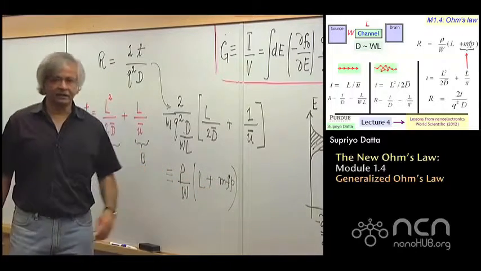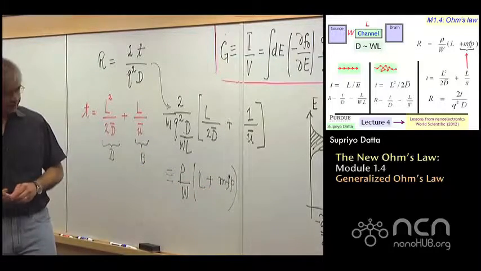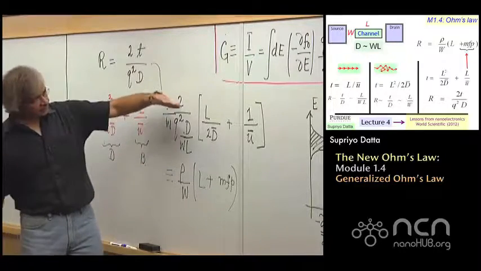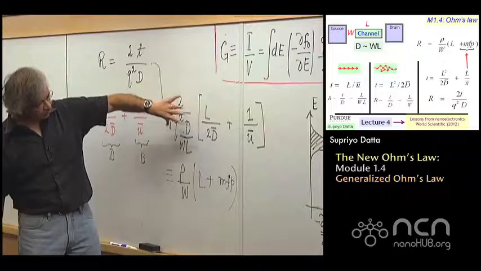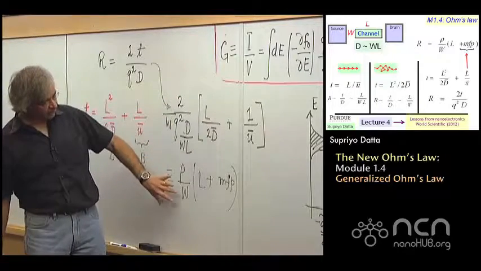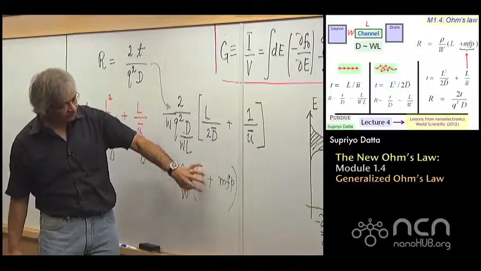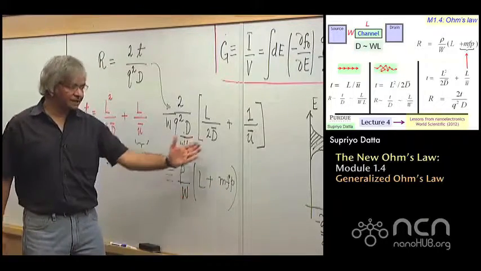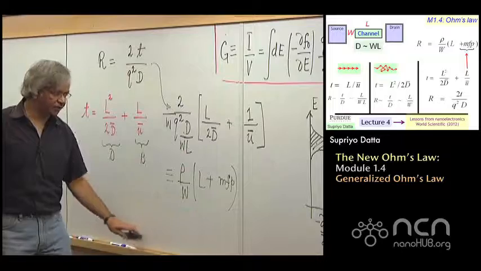But this is the part that I'll be getting into in the next module. That is, you can see that from here, you could manipulate it and write it in this form, where you'd have a length plus some quantity. But what it is, and how we discuss this, that's the part that needs a little more discussion.